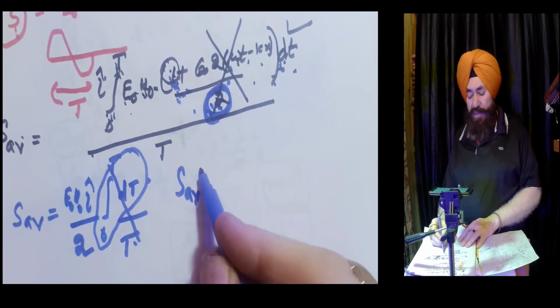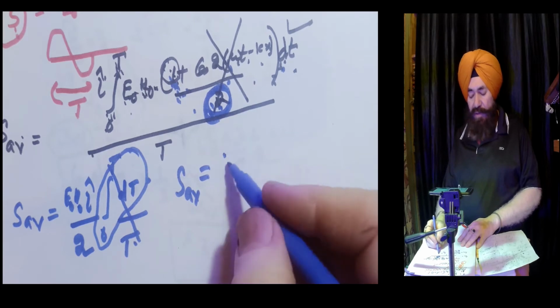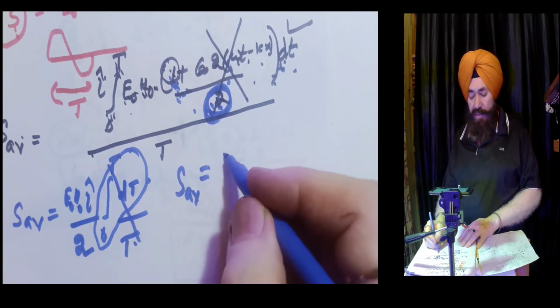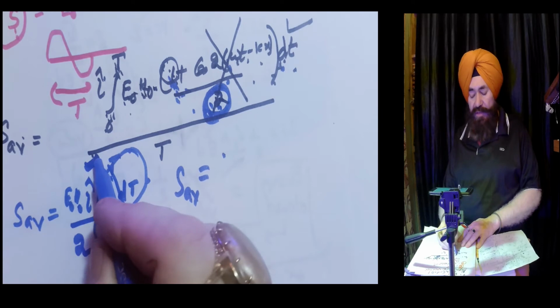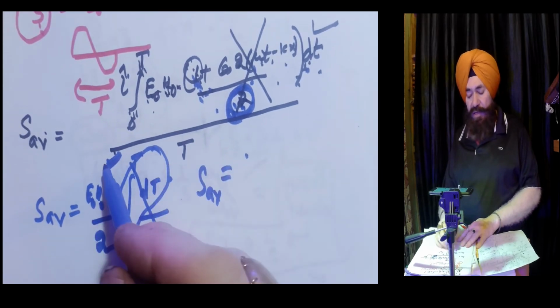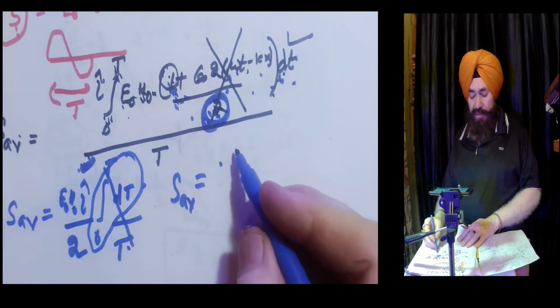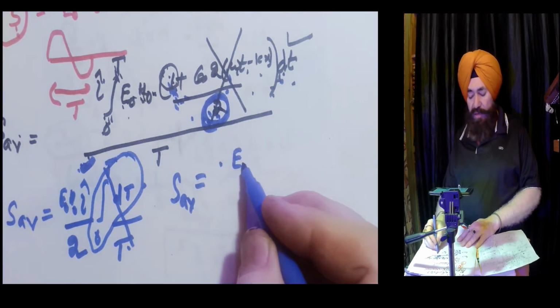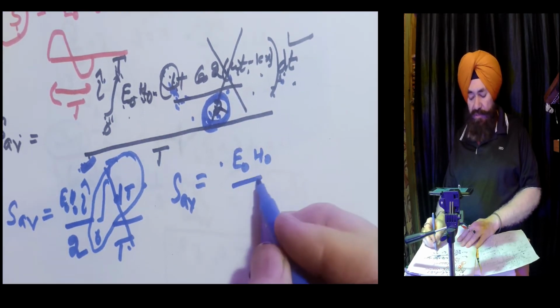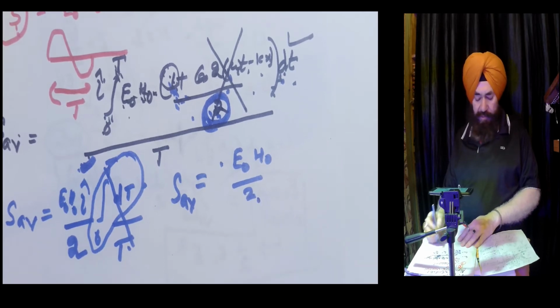So S average becomes simple. It is, of course, I cap means the direction. The energy is flowing along x direction. Then what we left here? Only E naught H naught by 2.